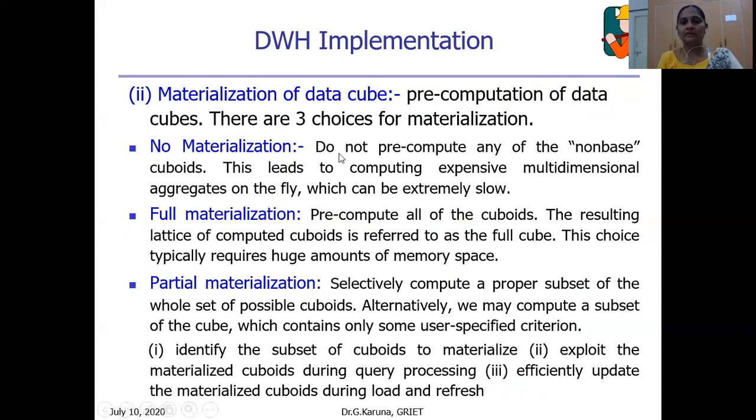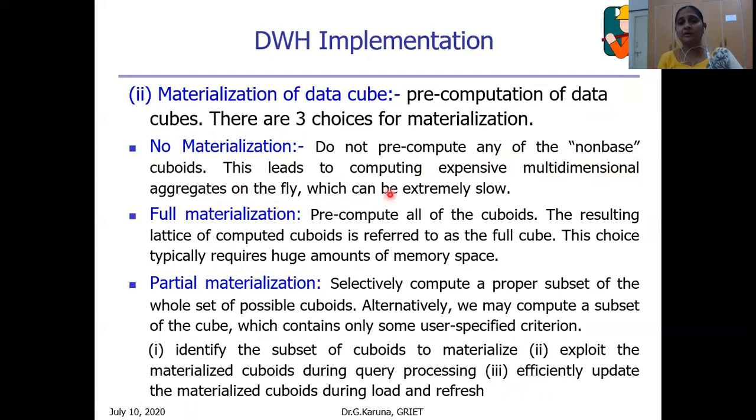In no materialization, we do not pre-compute even a single cuboid in the lattice of cuboids. No pre-computation is done for any of the cuboids. In that situation, it is called no materialization. If we use such dimensions of the data warehouse for implementation, then this leads to computing expensive multidimensional aggregates.